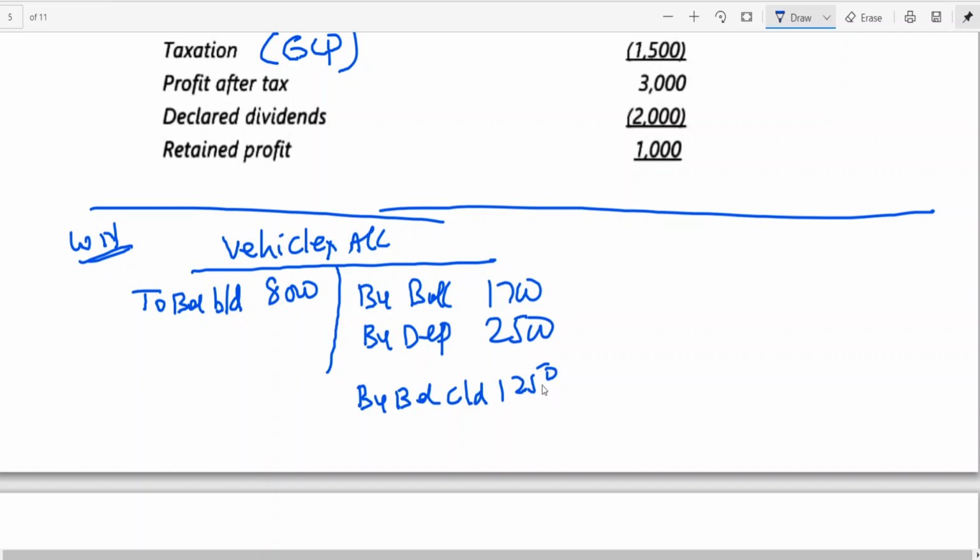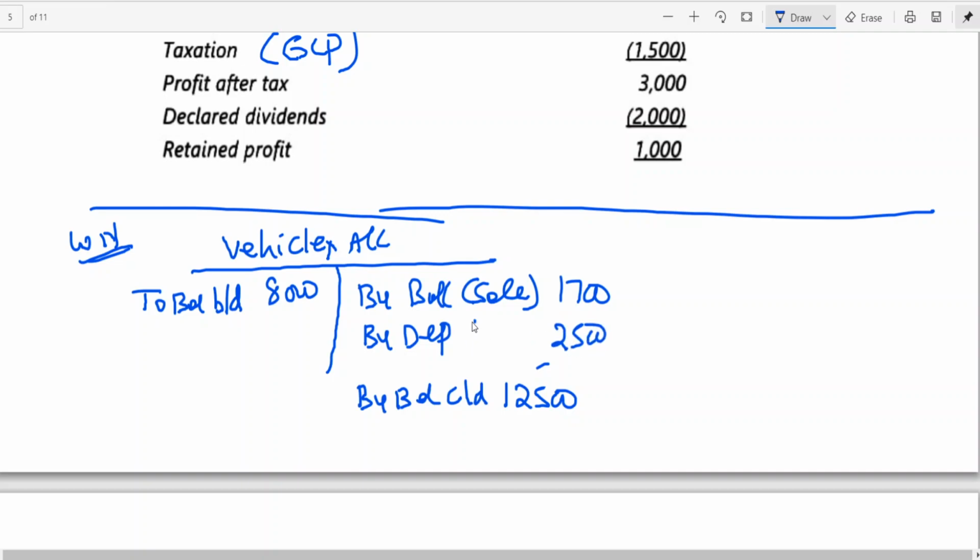I think this is 12,500. By depreciation, this is current year.